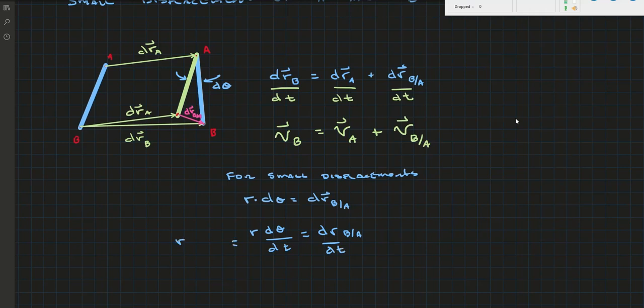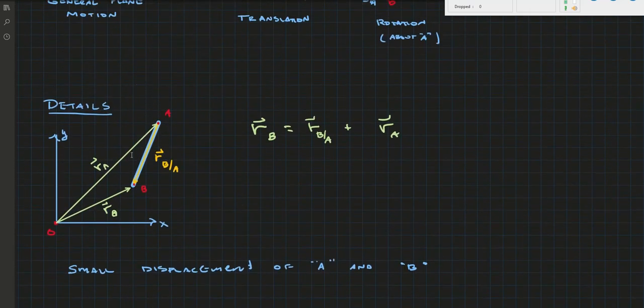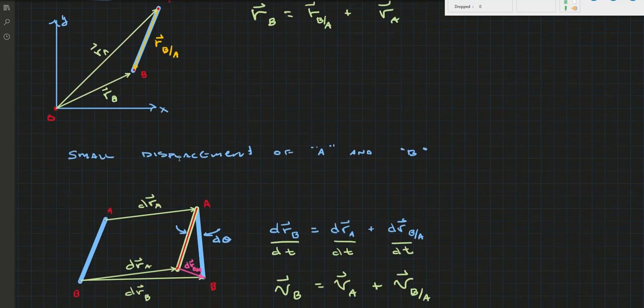So this side is essentially r omega. In fact, let's make that r red here, because this r really represents R of B with respect to A, as we showed up here when we take a position vector.